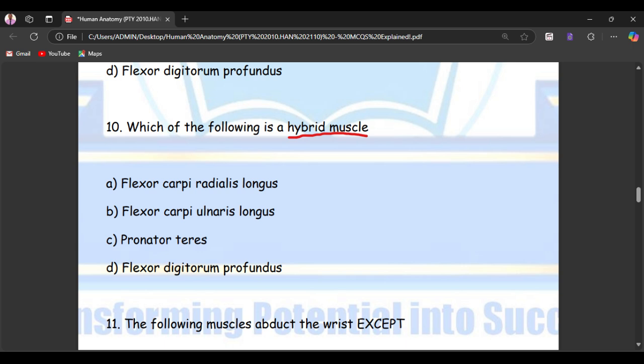From the options that have been given, the hybrid muscle here is flexor digitorum profundus. We go to question number 11.